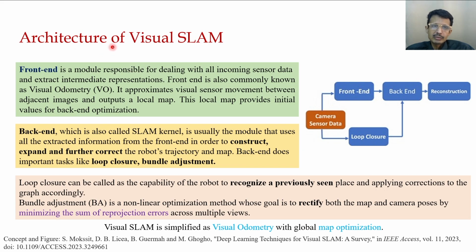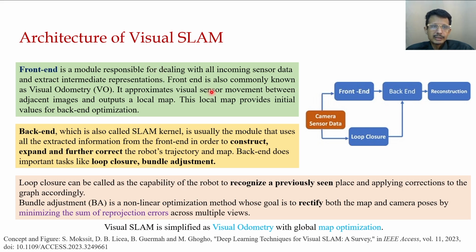Now we have to understand the architecture of SLAM, very simplistically. It has two major modules: one is front end, one is back end. The front end is the module responsible for dealing with incoming sensor data and extracting an intermediate representation. For our visual SLAM, what we have is camera images, so we do data acquisition and pre-processing.